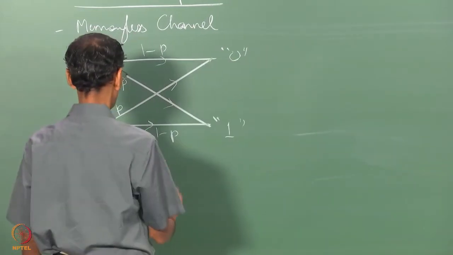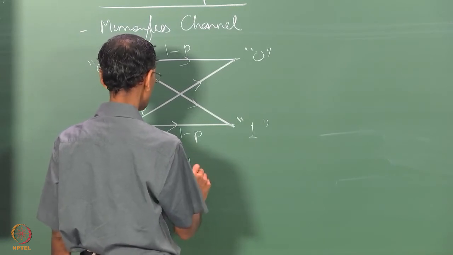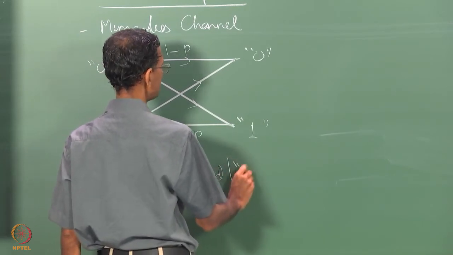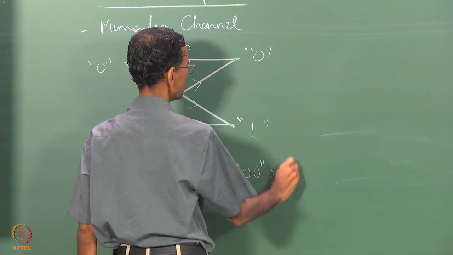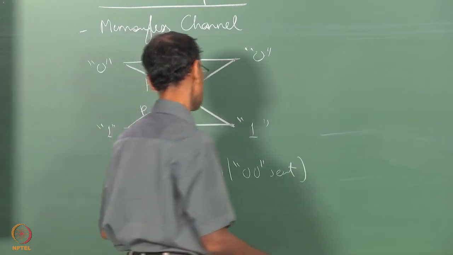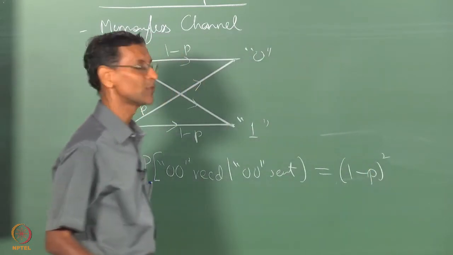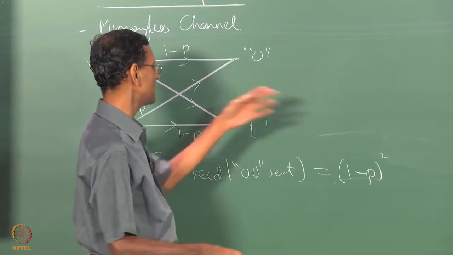If I want to look at the probability of 00 received given 00 sent, just for any two transmission instances, this is going to be 1 minus p squared. How do I get this? It is 1 minus p times 1 minus p.